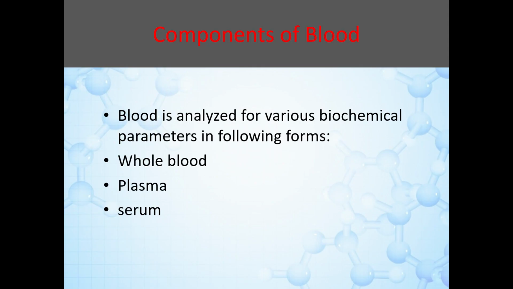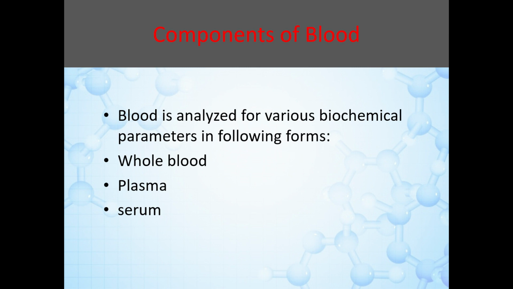Next, components of blood. There's a reason why I think it's important to discuss with you the components of blood, because blood is analyzed for various biochemical parameters in 3 different forms: the whole blood, plasma, and serum.